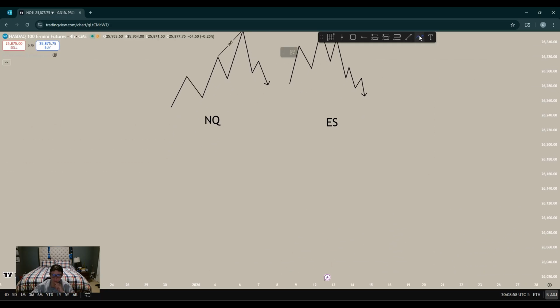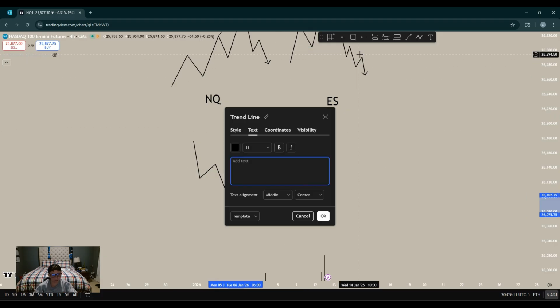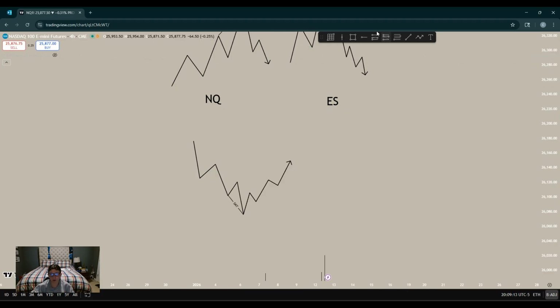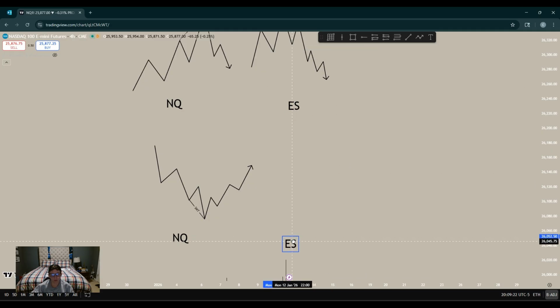All right, so let me show you a bullish example. Let's say we have an SMT here. I'm just going to show you what it looks like to have a bullish example. So let's say this is NQ, and then we'll put ES over here.